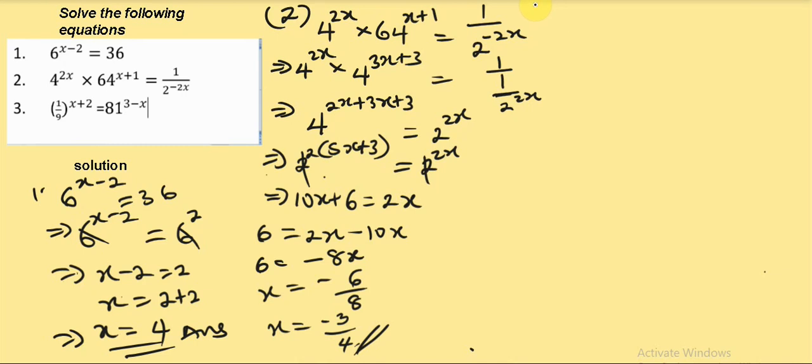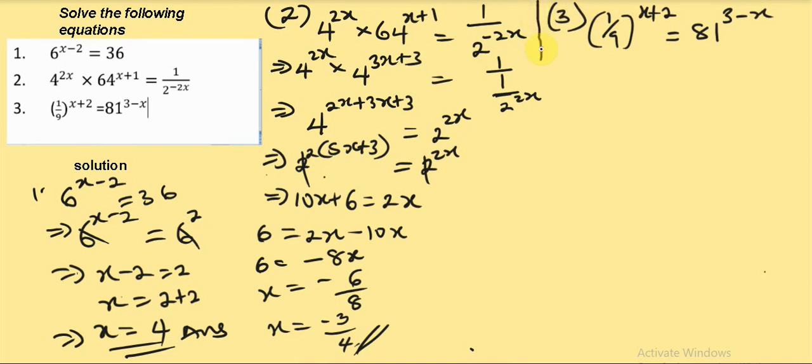So the third question says 1 over 9 all exponent x plus 2 is equal to 81 raised to the power of 3 minus x. So I'll write 1 over 9 raised to the power of x plus 2 is equal to 81 raised to the power of 3 minus x.